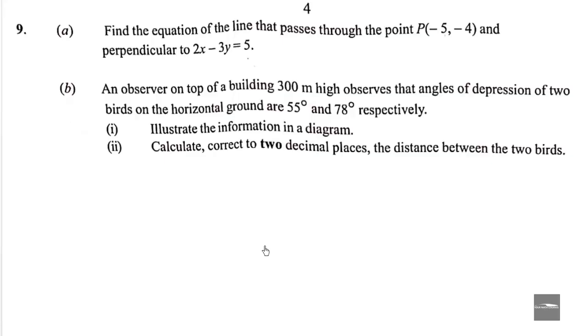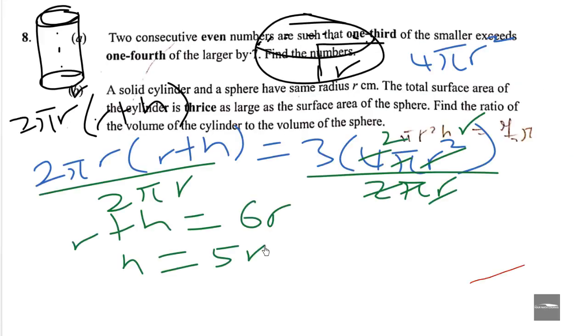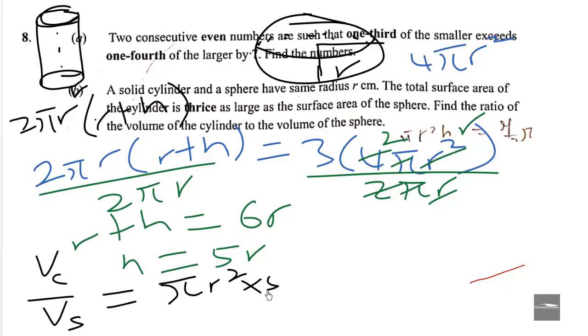So volume of cylinder over volume of sphere will be equal to pi r squared h, where h is 5r, divided by the volume of a sphere, which is 4 over 3 pi r cubed.